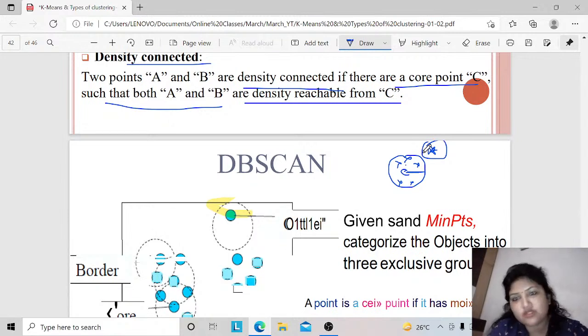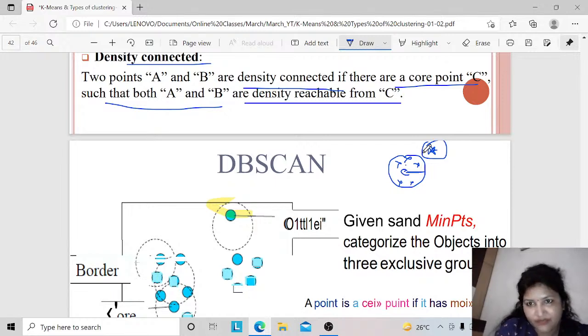That's why we use this density based method, because here we are going to find out the data points which are actually the noisy points. In k-means or other clustering techniques, there is no technique to handle the noisy data points, which are basically your outliers, the exceptions, right?